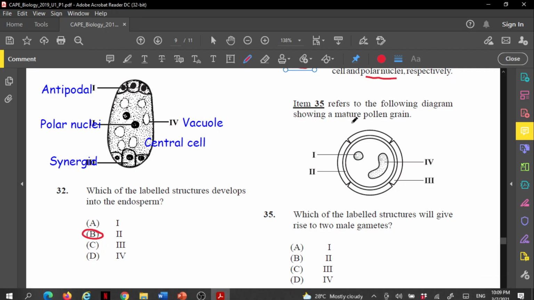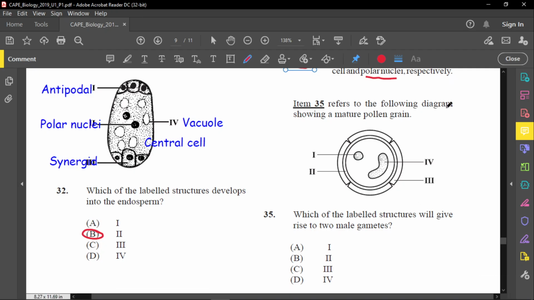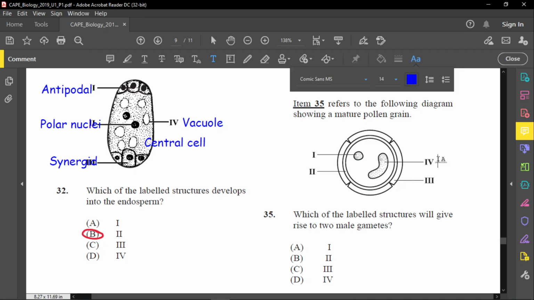Item 35 refers to the following diagram showing a mature pollen grain. And this is a pollen grain. I think I need to label this for you real quick. This bigger one right here is what they call the generative nucleus or cell. So this is generative nuclei, or cell. And this one over here is called the tube nuclei.